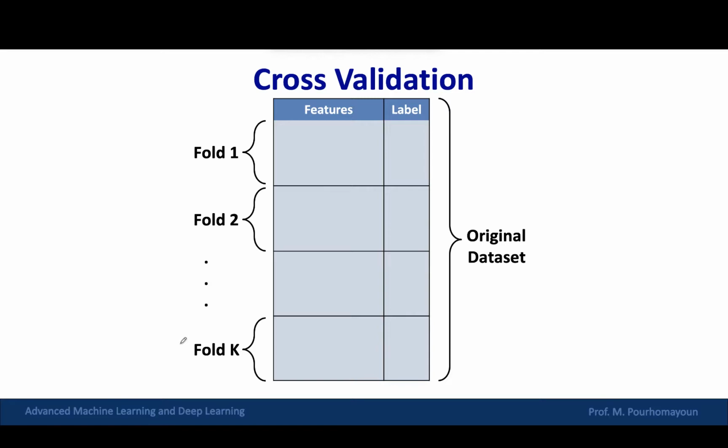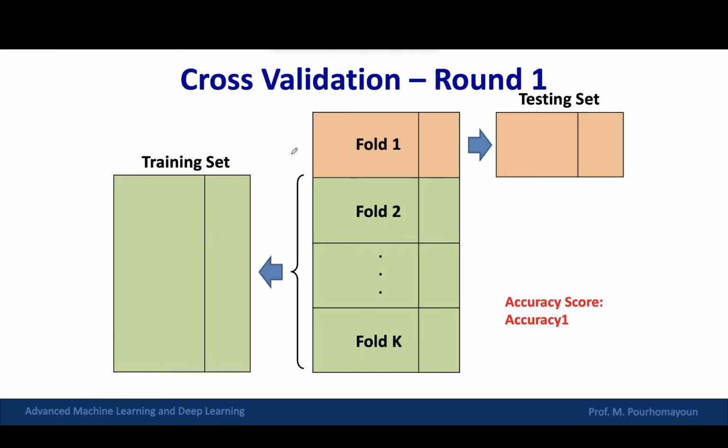We want to do k-fold cross-validation. In this process, we split our data into k different partitions, or k parts, or k folds. In the first round, round one, we use the first partition of data as testing, and the other k-1 parts as training.